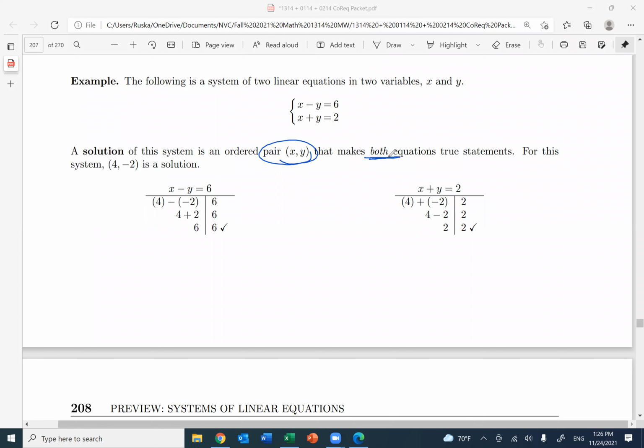Okay, so the equations have to be true. Here they give me 4 and negative 2 as a solution. So you plug it into the first equation, you plug it into the second, and both of those are true.